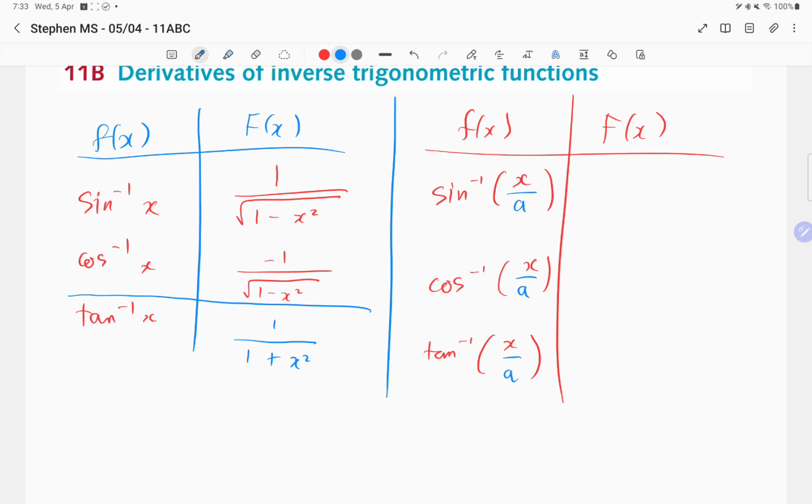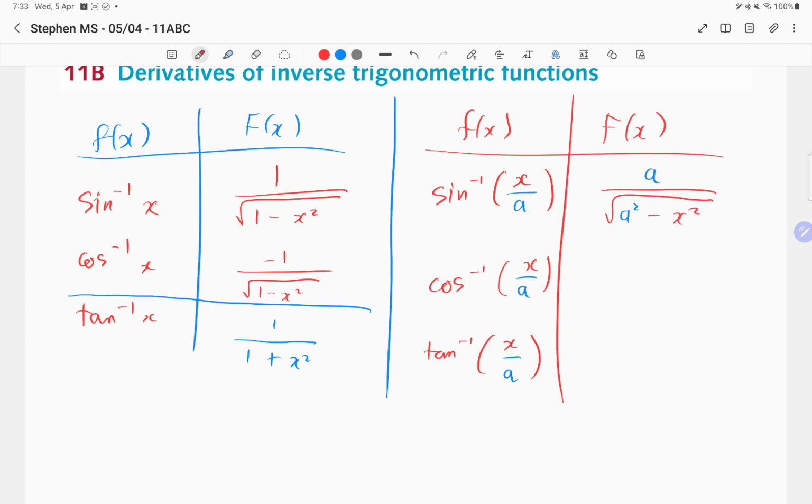The reason you need to learn this is because the formula is quite convenient. Sometimes, if you apply this, you get to the answer a lot faster. The answer is just a little bit different. The difference is a over the square root of a squared minus x squared.